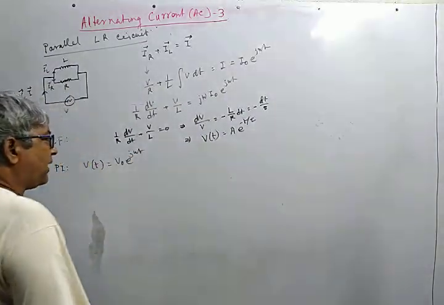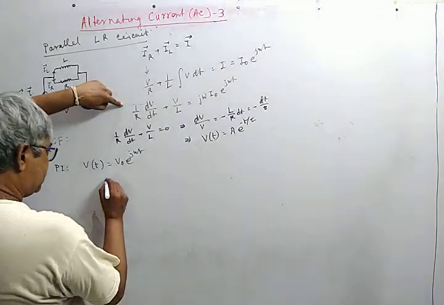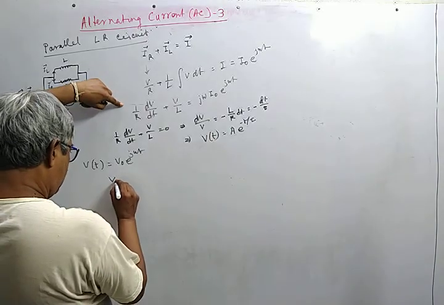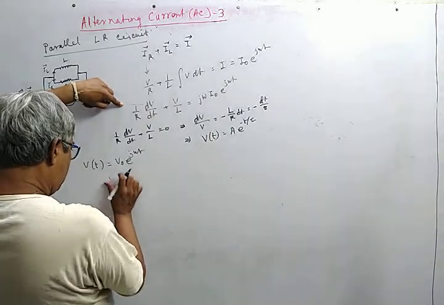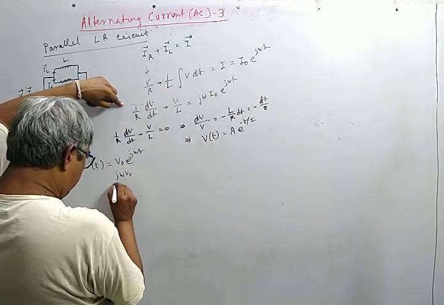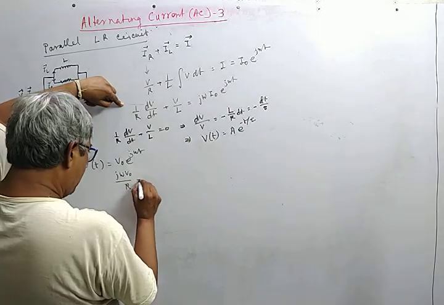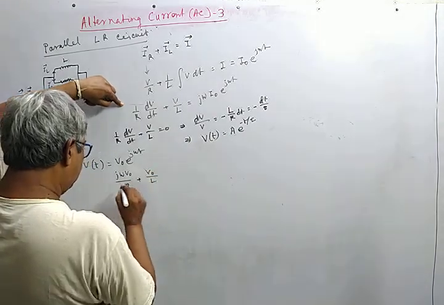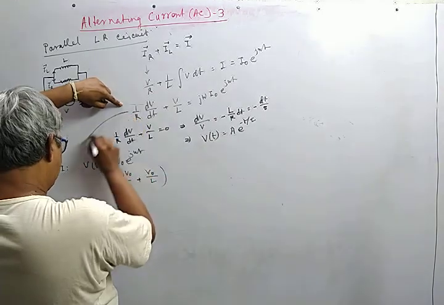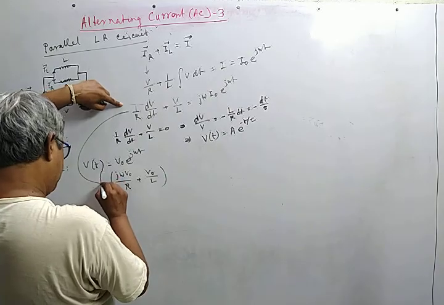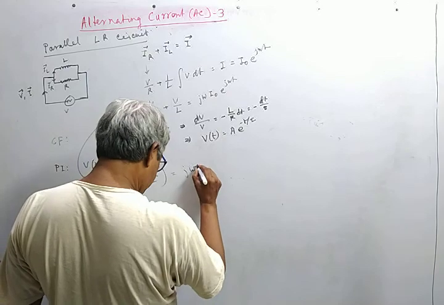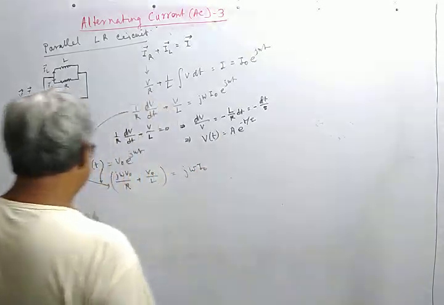So if we plug this into this equation, this is j omega V0 by R, and this is V0 by L. This equation together with this solution gives, on the right hand side, I0.